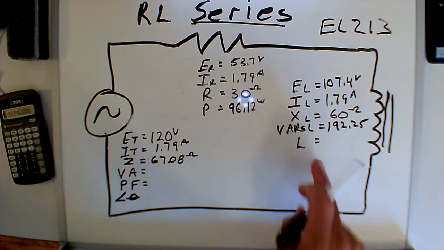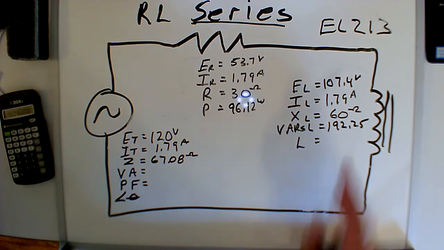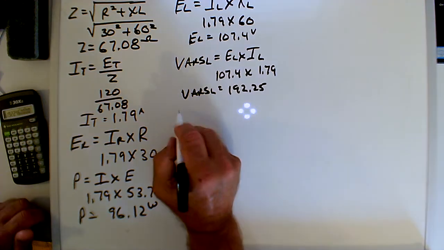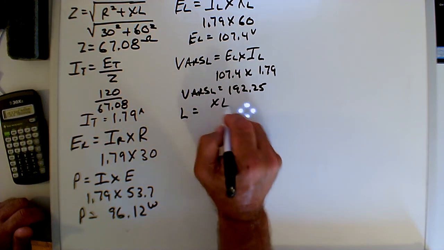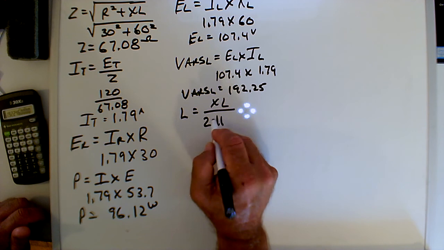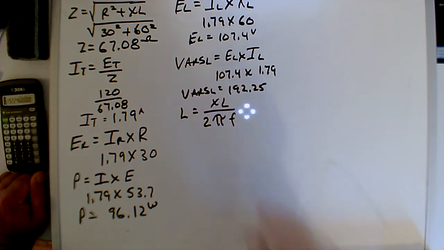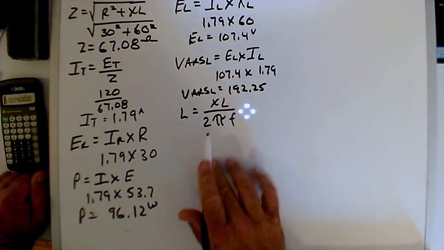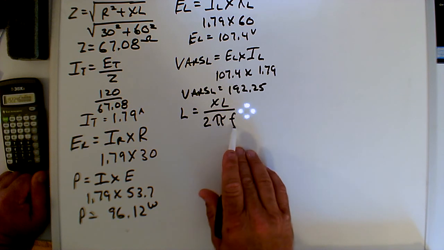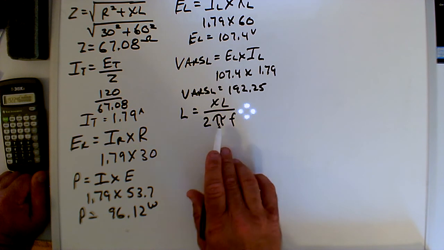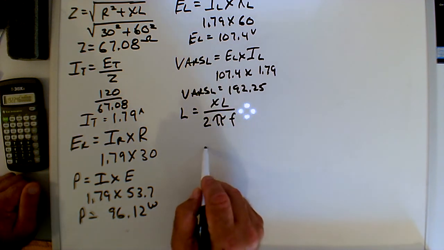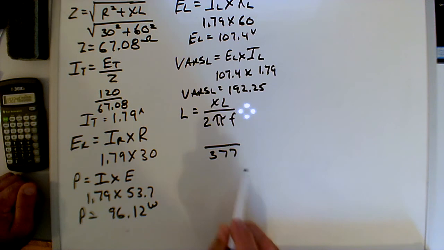192.25. Now at this point I can figure out what the L is if I'd like to, using the XL. So the formula for L would be XL divided by 2 pi F. Now, you know that if the problem doesn't have a specific frequency, we're going to consider the frequency 60 hertz. And by now I've told you that 2 times pi times 60 hertz is 377.